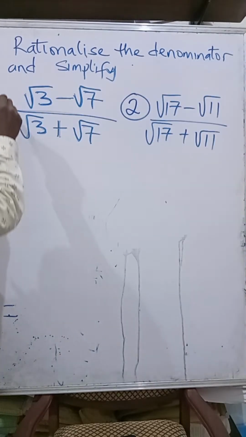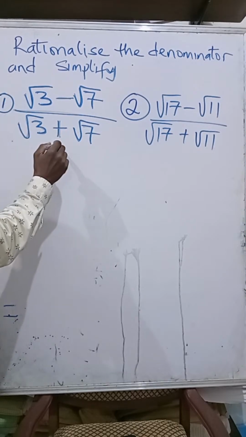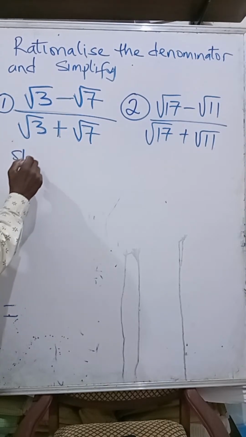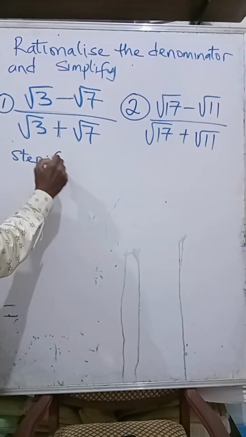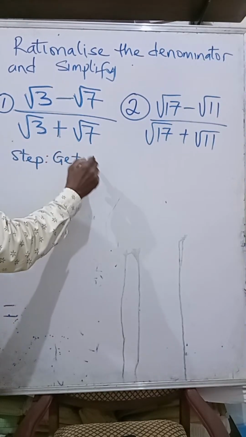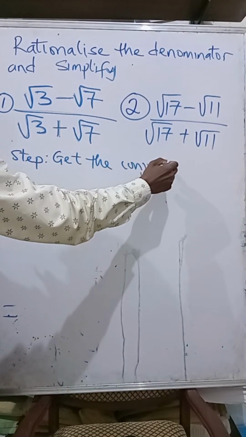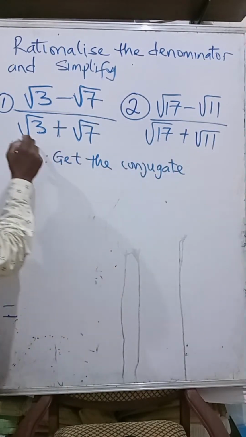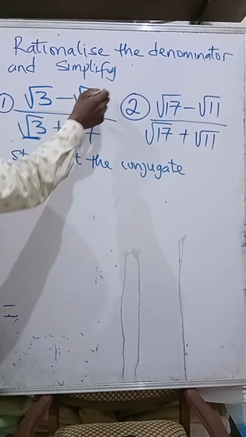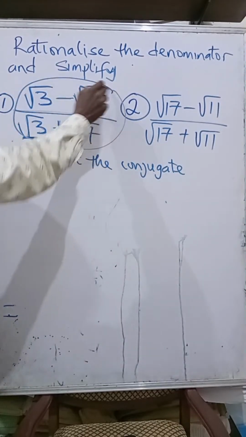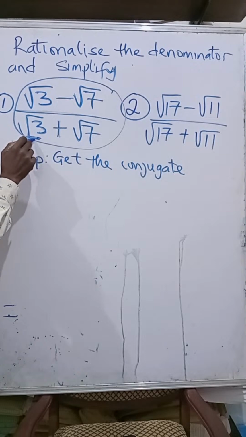The first step is to get the conjugate of the denominator, because look at this one. This is the question we are solving. That's the first part, which is irrational, it's a root.